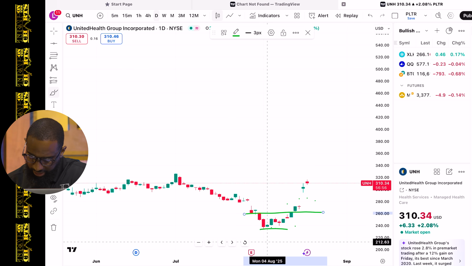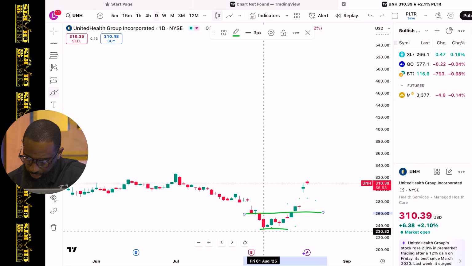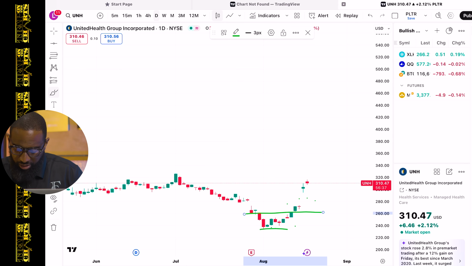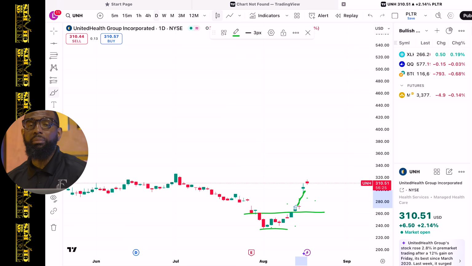And then what happened was it got up under that low, swept, and then bounced on top of it. Now, here's the dope part. We found out that Warren Buffett and Michael Burry were buying a bunch of UnitedHealthcare stock. Why? Because they buy undervalued stocks. Right? But if we look at today, the stock is actually having a doji. So that means the company is indecisive, taking a rest.